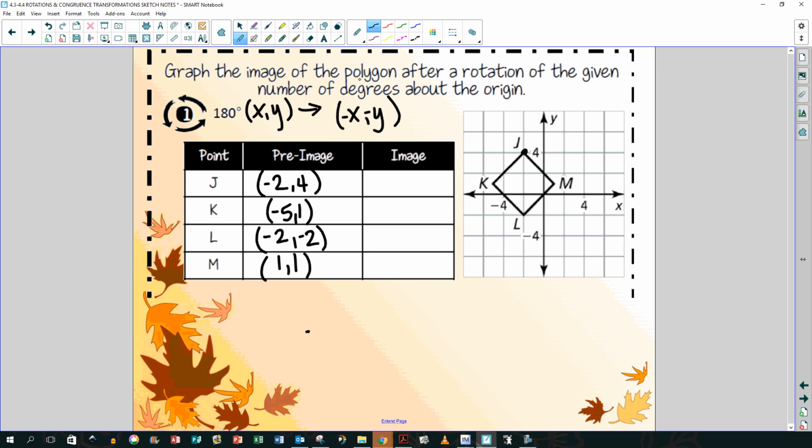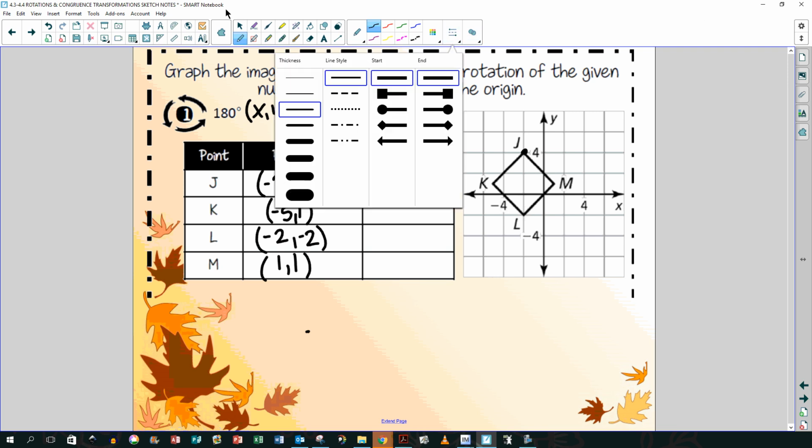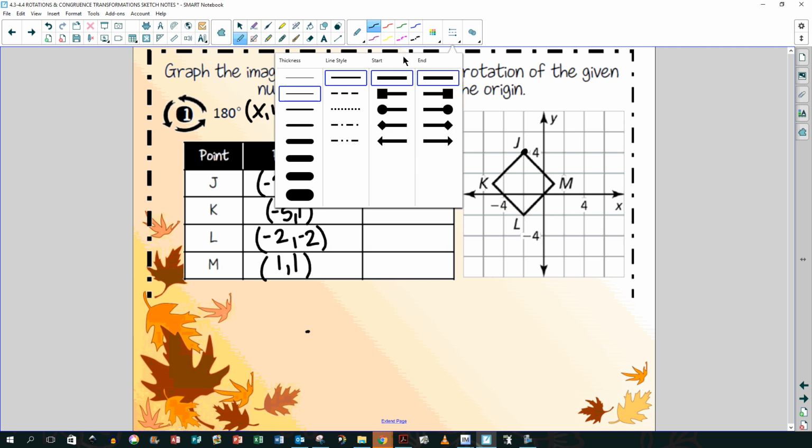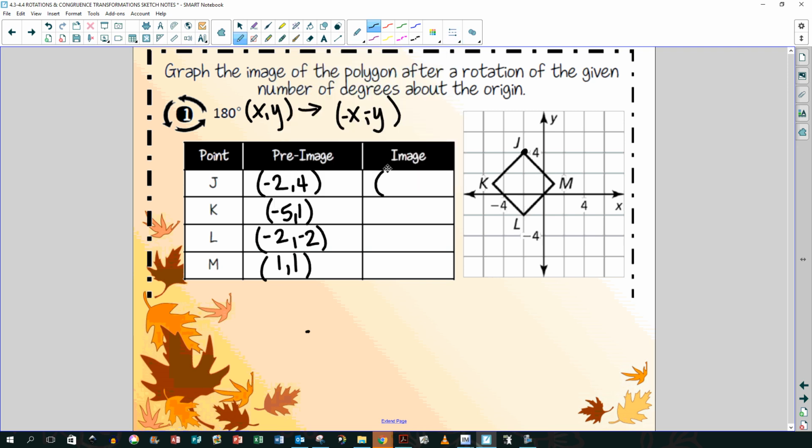So now, if I'm going to rotate this thing 180 degrees, then the rule is that they stay in their same place. So they're not going to switch places, they're going to stay XY, but they're both going to just change signs, so they're just going to become the opposite of what they were.